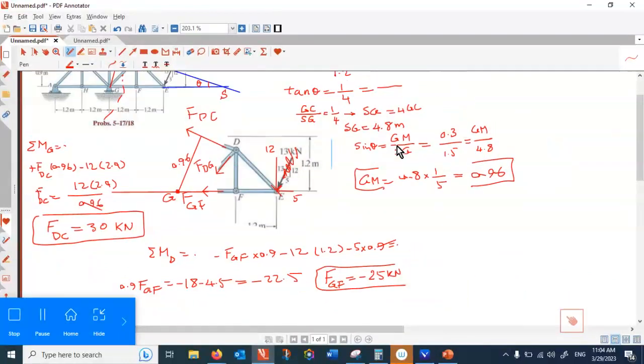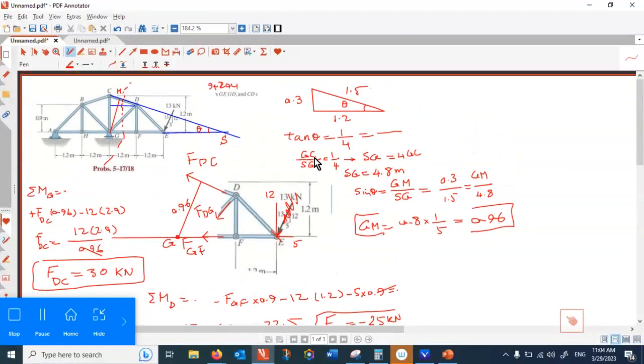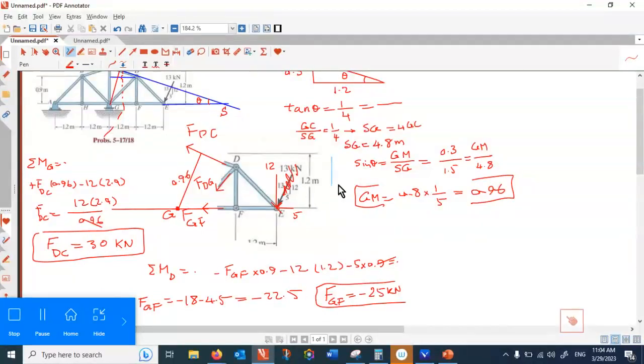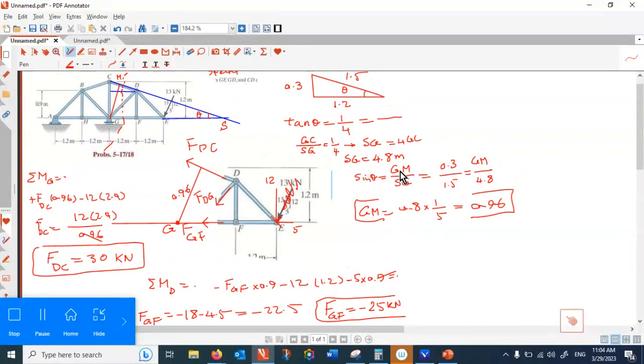Do you have any other suggestion to find FDG? Well, we can find this if we take rotation with respect to the S, but then we need some geometrical calculation. So here, I think the easiest one is net forces horizontally equal to 0.